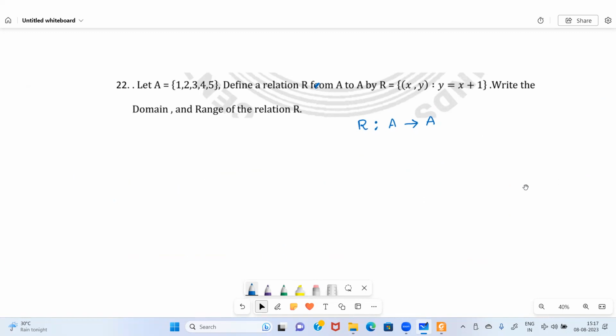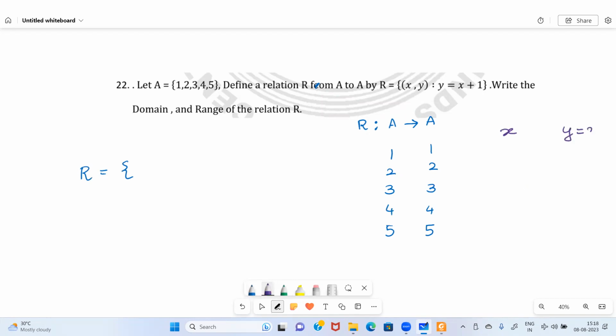Define a relation from A to A such that R is (x, y), where y is x plus 1. Okay. So now see here, what are all values of A? 1, 2, 3, 4, 5. And the codomain is also 1, 2, 3, 4, 5. Okay, students. Now we need to write a relation. So what all values are possible, let us say, for x, and y.